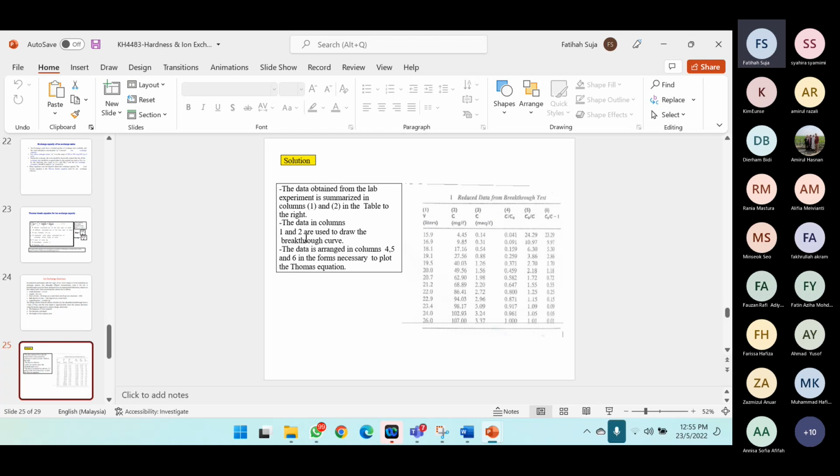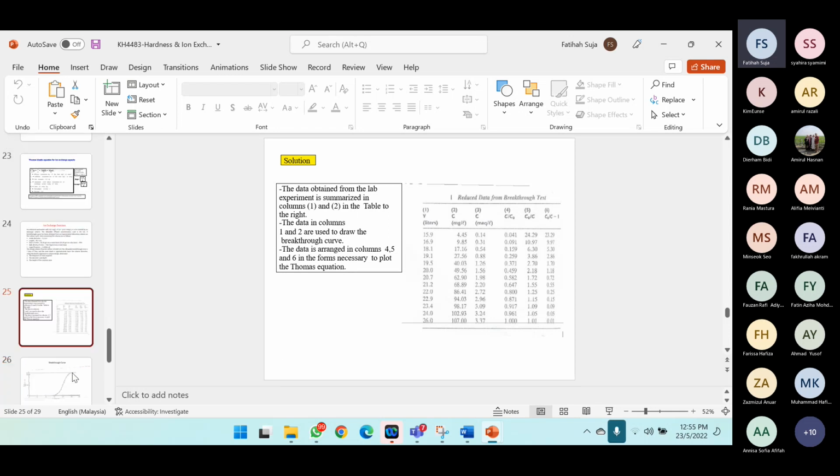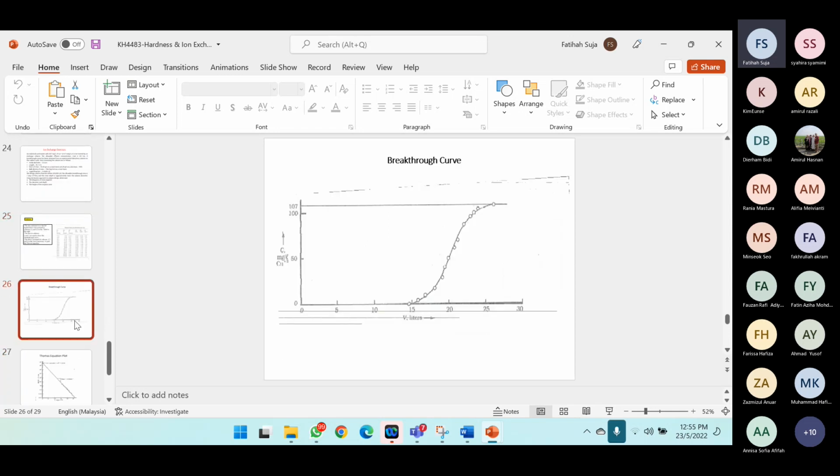So the data in columns 1 and 2 are used to draw the breakthrough curve. And the data is arranged in columns 4, 5 and 6 in the form necessary to plot the Thomas equation. Okay, so this is the equation. All the data are given to you.